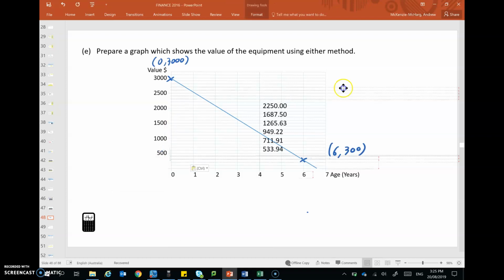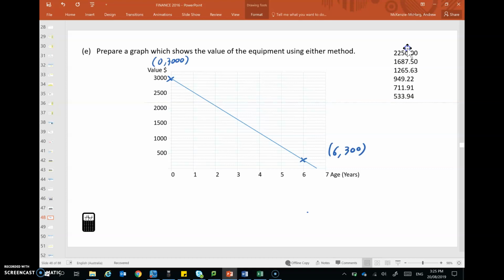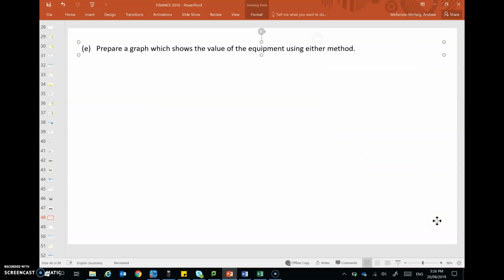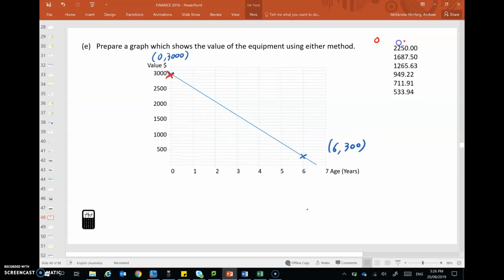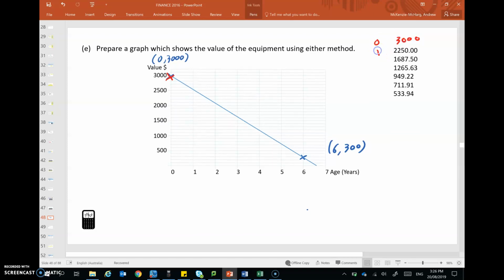That'll do. I can see what those numbers are now. Okay, so the reducing balance, I'll go in red. Now that started at the same amount at 0 years, it was worth $3,000. After 1 year, it's 2,250. It should be right there.